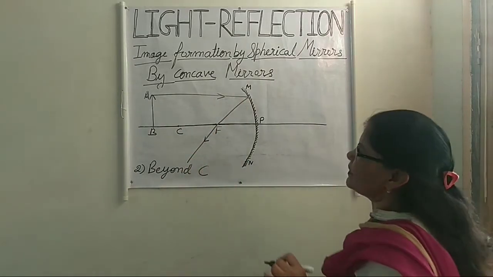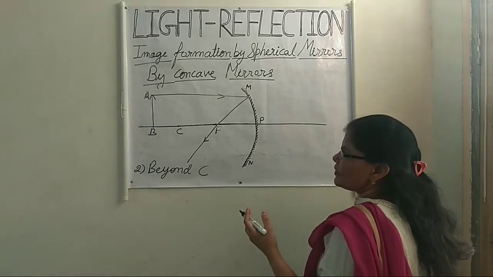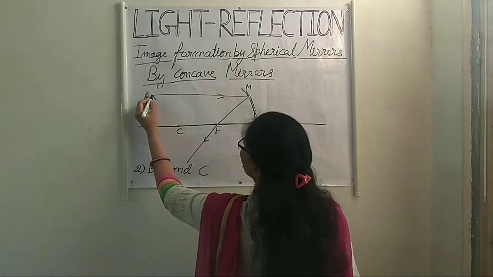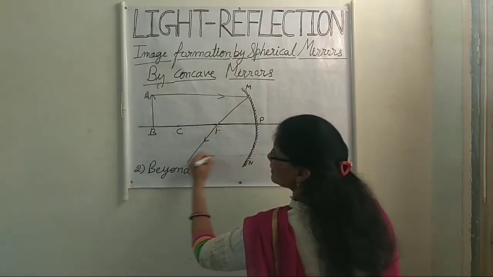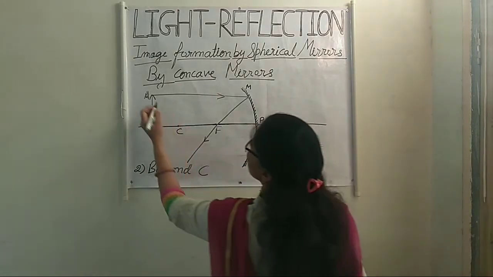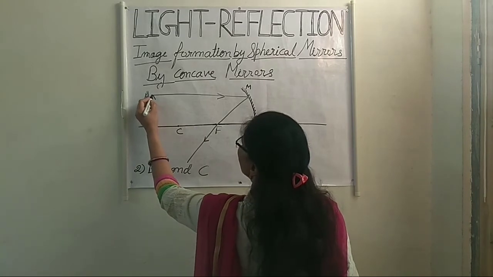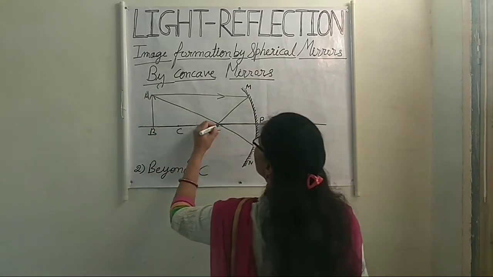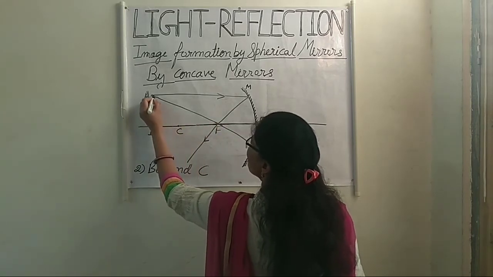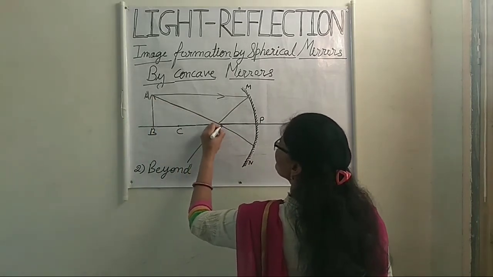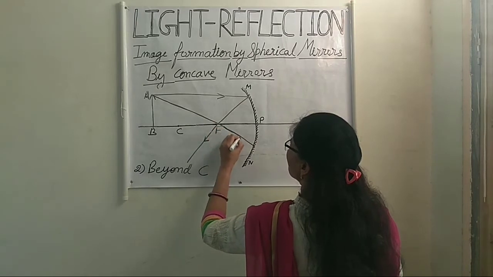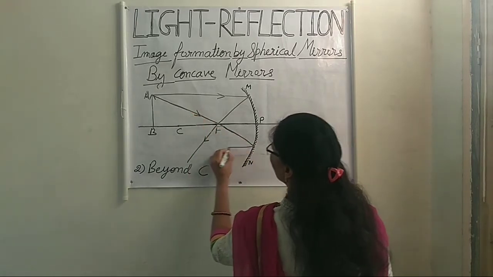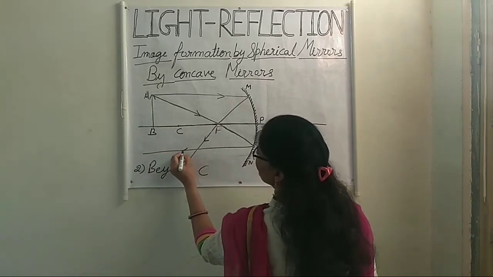Another case we can use is just the opposite of this. When an incident ray passes through the focus, then it will go parallel to the principal axis. So when an incident ray passes through the principal focus, this is the incident ray, we put an arrow like this, then it will go parallel to the principal axis.